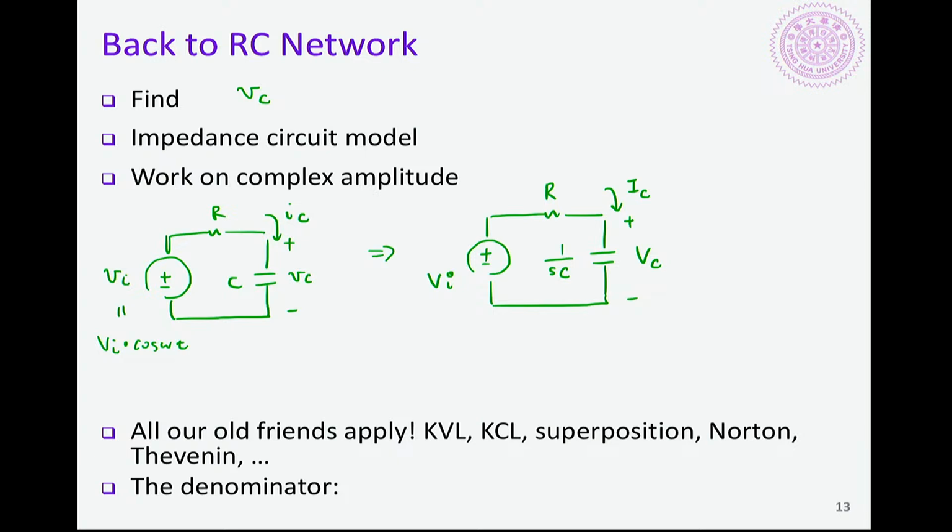Okay, so now the voltage across 1 over SC is denoted by capital VC, which is the complex amplitude of the voltage across capacitor.